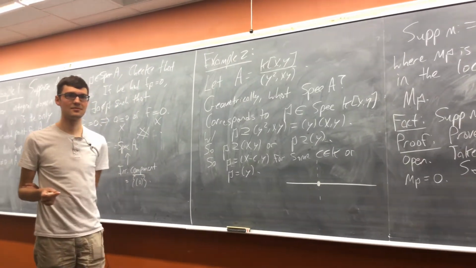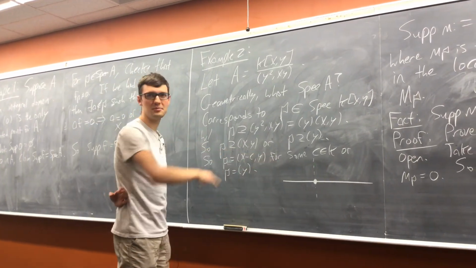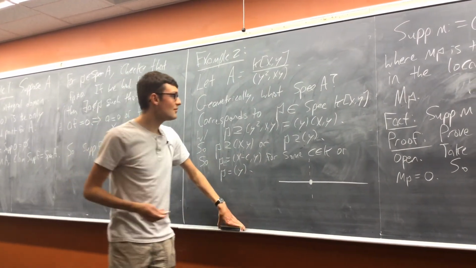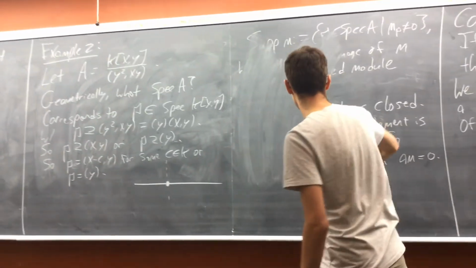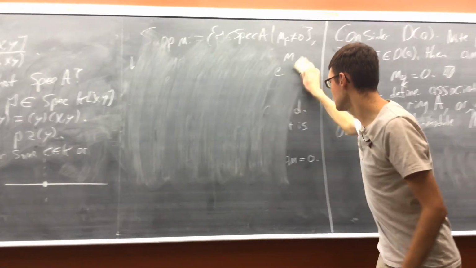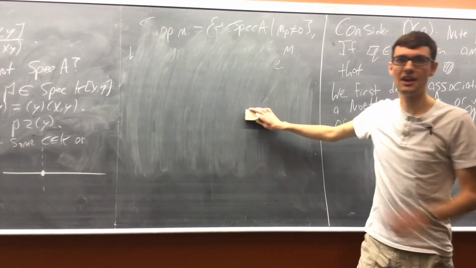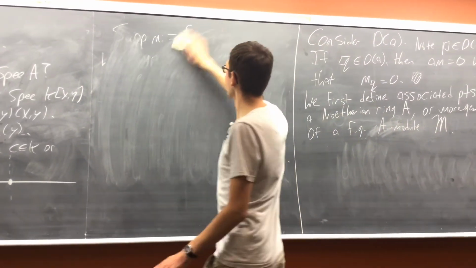Okay. So this would be the scheme theoretic picture of what's going on. In particular, this is an irreducible scheme, because I only have one unique minimal prime ideal.